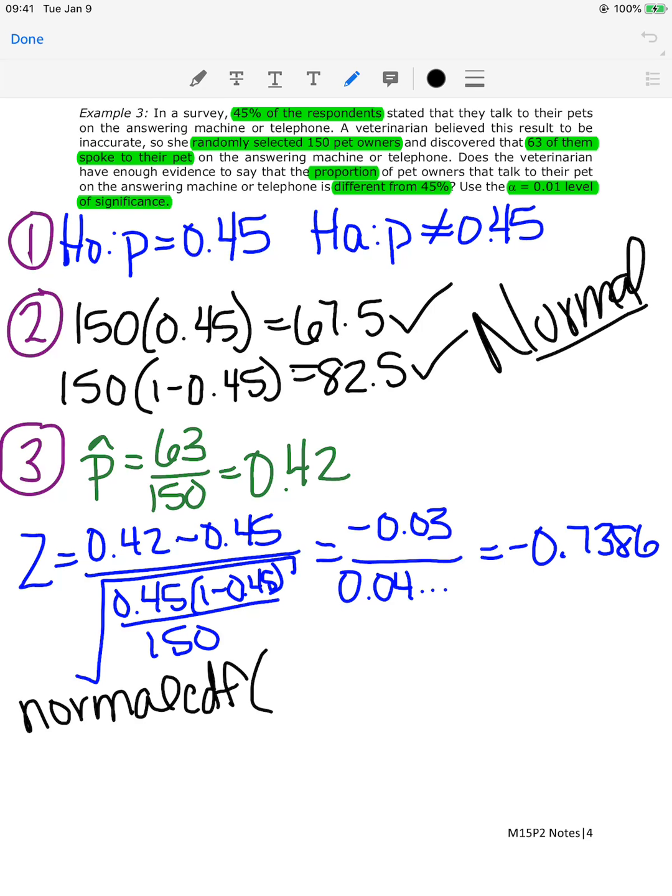If I had gotten a positive z-score, I would treat this as a right-tailed test for this purpose. So because it's negative, we're going to start at negative infinity, negative 0.738601, and we should get the correct answer. The first time I did these notes, I did not get the correct answer. Haha, 0.2301.